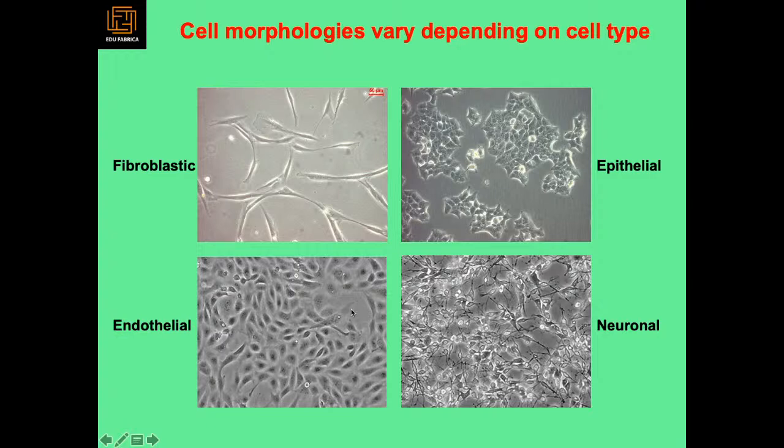So we can see all these cells having different morphology, different structure. Enzymatically they are working differently, mechanically they are working differently, morphologically they are looking different. That's why each organ, whether it's fibroblast or epithelial or endothelial or neuronal, the basic foundation is different.